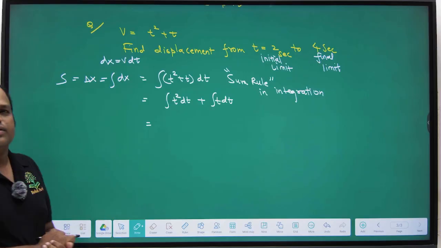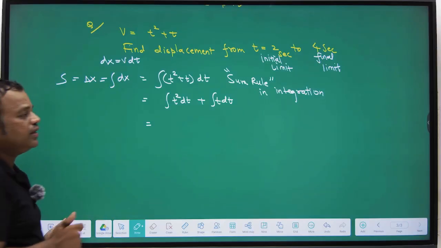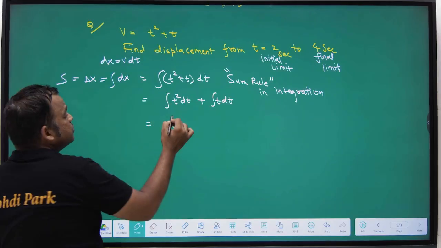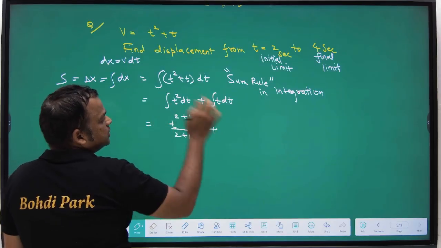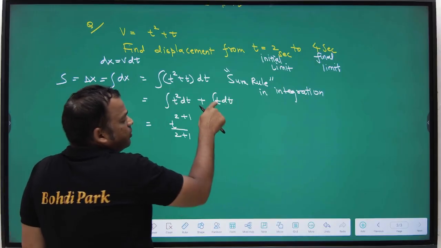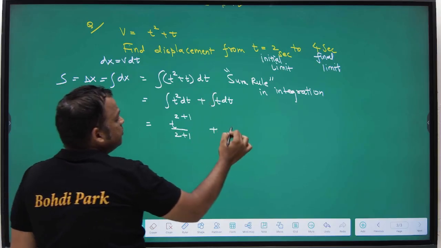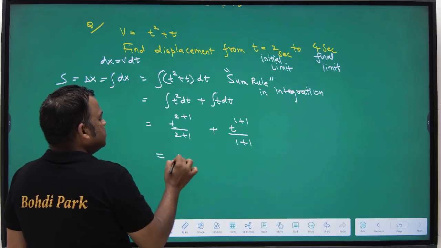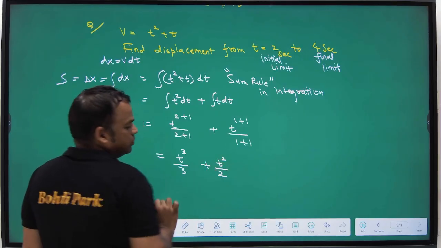Now we will use the formula t raised to n dt means t raised to n plus 1 by n plus 1. So this will become t raised to 2 plus 1 by 2 plus 1 plus t dt will become, now t dt means the power of time here is 1. So it will become t raised to 1 plus 1 by 1 plus 1. So this will become t cube by 3 plus t square by 2.